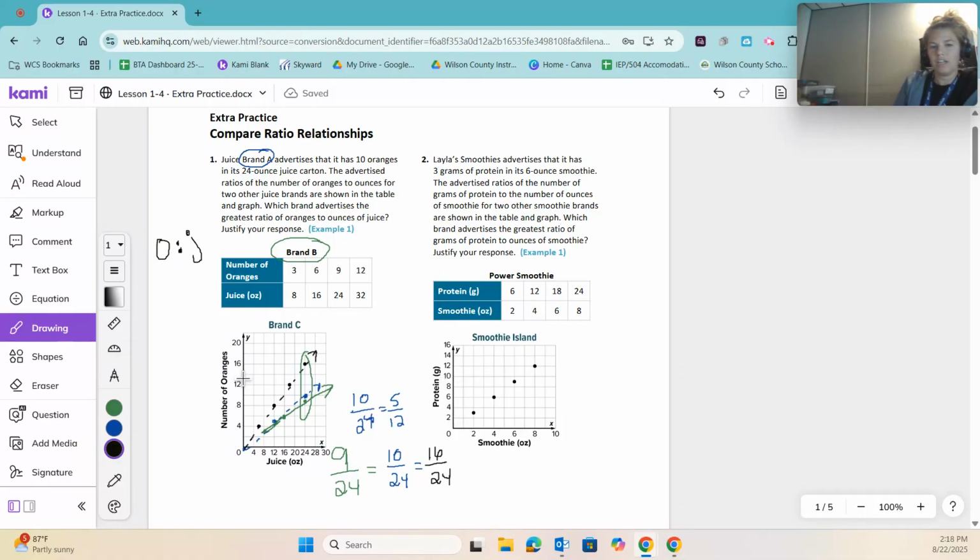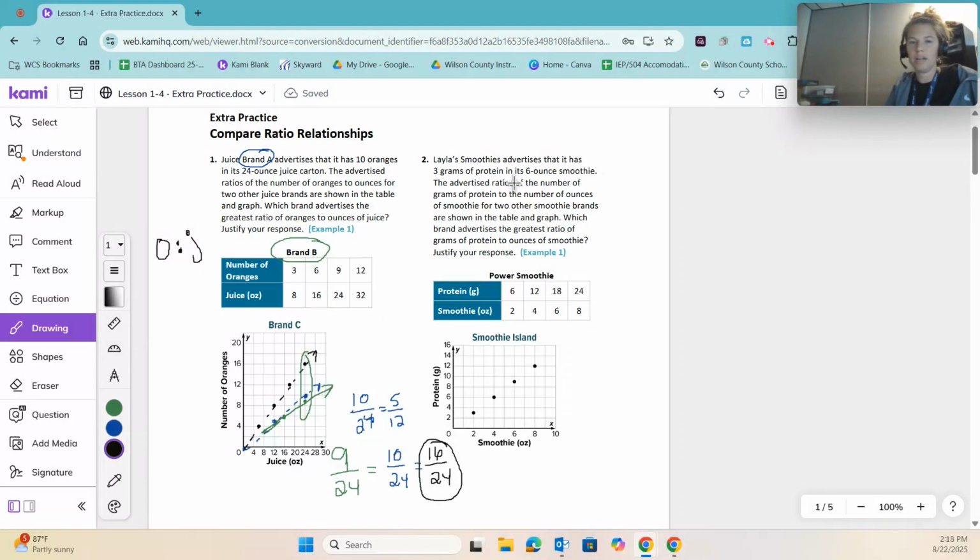So the brand that has the greatest ratio of oranges to ounces of juice is going to be brand C because for 24 ounces it has the most oranges. Okay, so that's how I am using that in order to solve that type of problem. I'm going to use that graph and find where they all have something in common. Okay, so that's one option.